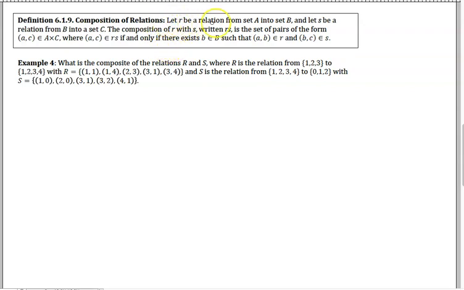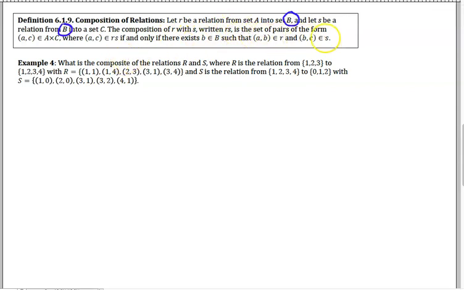So if R is a relation from set A to set B, and S is a relation from set B to set C, the important part is that these match, like a chain rule kind of thing. The output of the R relation needs to be the input of the S relation, and then the composition can happen. And the composition of R with S is written RS, right?